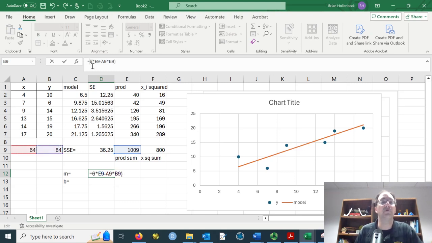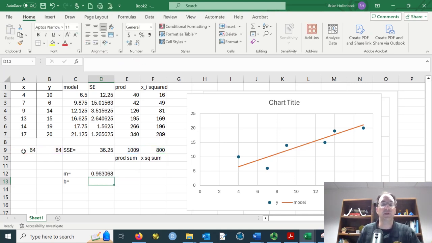And that's my entire numerator of m, so I'll put that in parentheses. And then I'll divide by the denominator, which is again 6 times the sum of the squares minus the sum of the x's, that quantity squared. So that's our value for m.